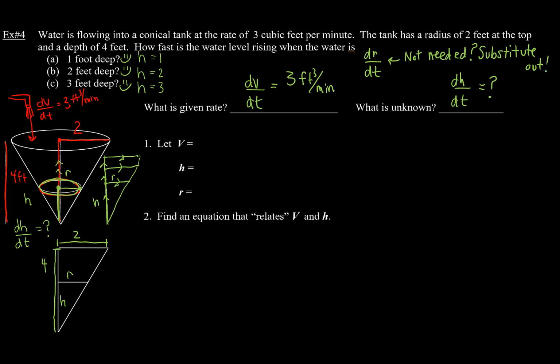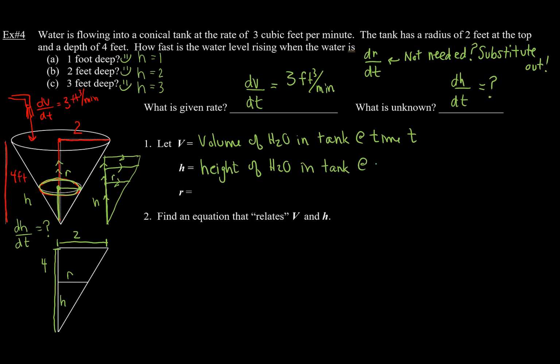All right, so V is going to be the volume of water in your tank at whatever time t. H is going to be the height of your water in the tank at whatever time t.